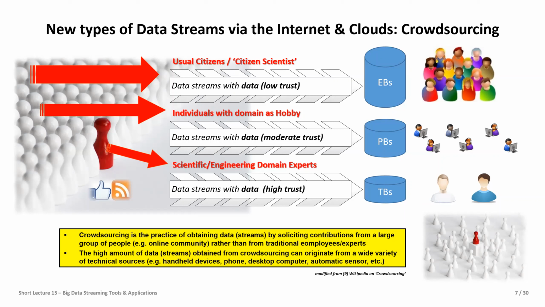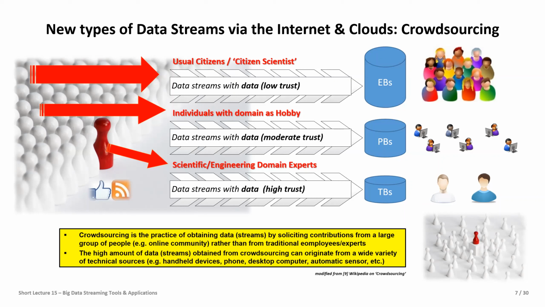Only a few of them would pick a specific domain, like the flowers we had in the beginning of the course, as a hobby, and then take lots of photos of Iris virginica and Iris versicolor and so on. There you start to have a bit of trust, because a hobbyist has a very specific topic and already knows something about it. Otherwise, you would probably not have it as a hobby.